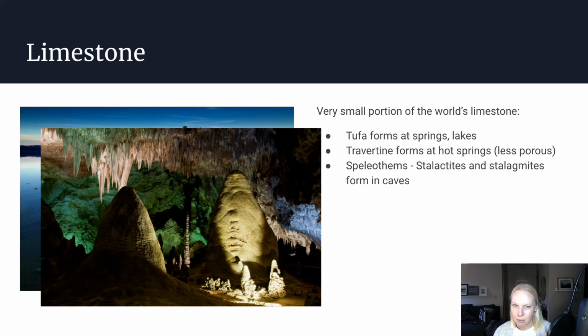Stalactites and stalagmites are holistically referred to as speleothems in the geologic community, and those form in caves. So maybe you've been on a cave tour at some point in your life, and you've seen stalactites and stalagmites. That's from water, again, sort of dripping down from the ceiling of caves, and limestone being precipitated out of that water.